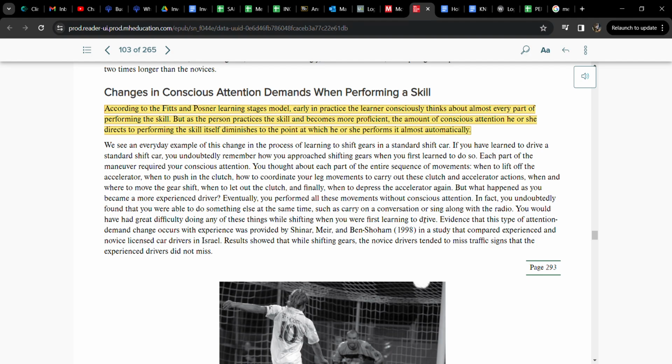But as you get better and more comfortable with it, you don't really need to pay attention. At times you can not even look at your phone and type a pretty coherent message because it doesn't require as much conscious attention. Or you don't need to pay as much attention to something like walking because it's so automatic, so you can focus your attention on other things while you're doing that skill.